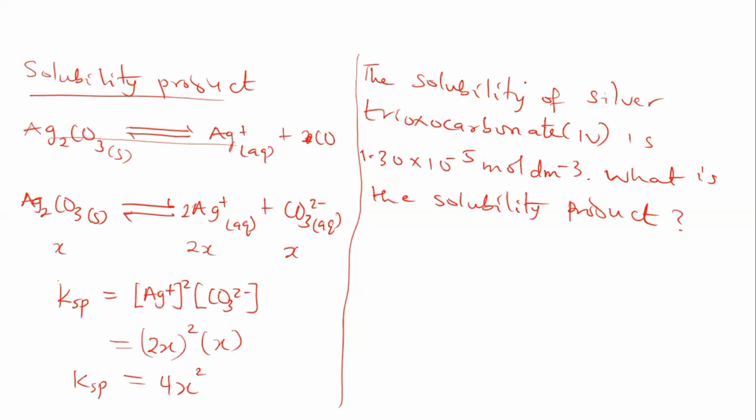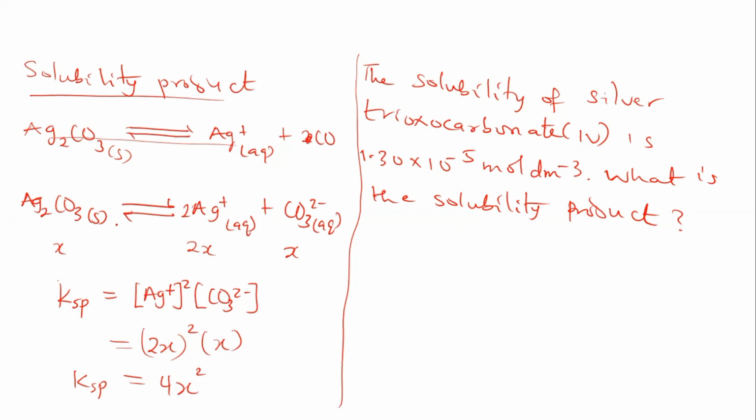So now the question is, the solubility of silver trioxocarbonate(IV) is this. That is, the amount of the silver trioxocarbonate(IV) that actually dissolves is this. Now, what is the solubility product of this salt? So of course you write it like this.